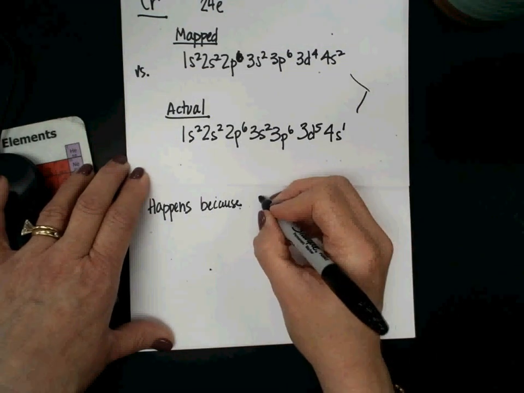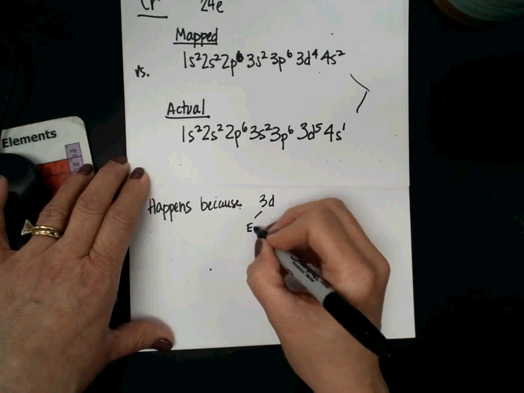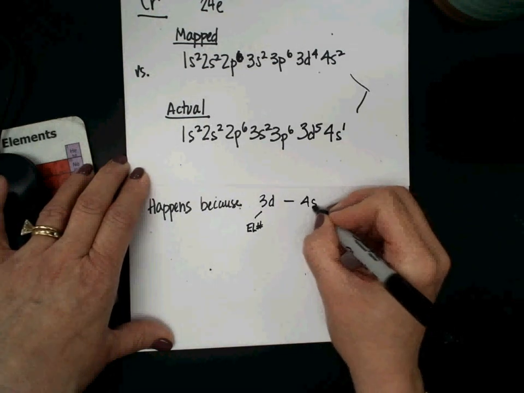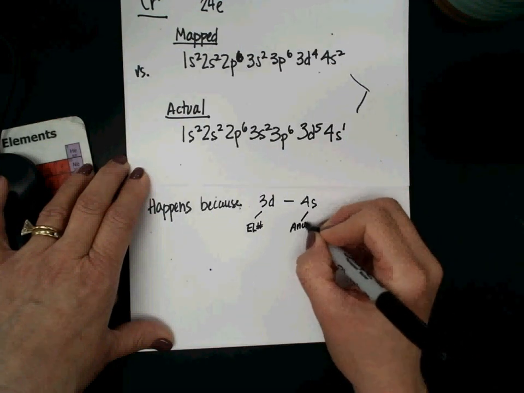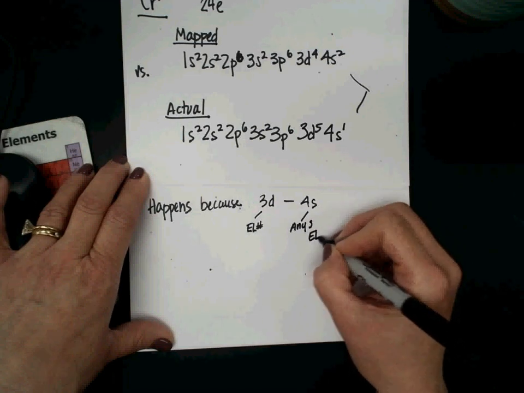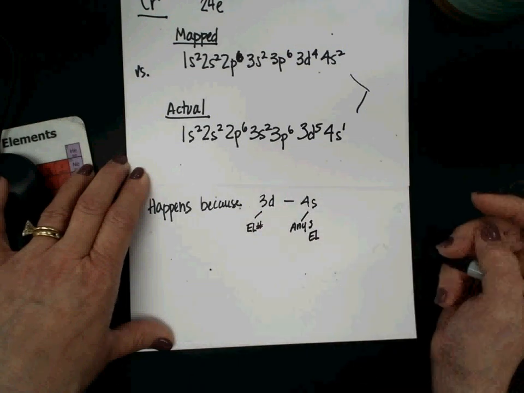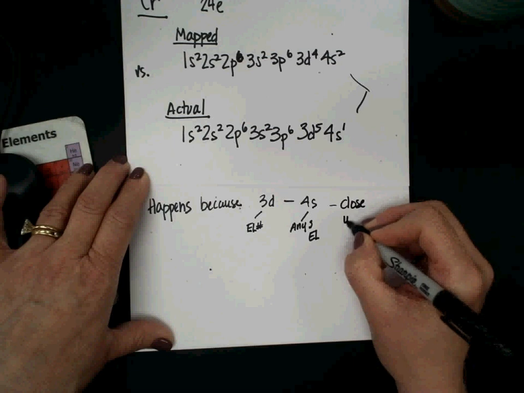So this happens because 3d, or whatever d, this could be any energy level number if there's a d, and in this case, the 4s, or any s energy level, it could be 5s, it could be 6s and 5d, it doesn't matter. They're very close in energy.